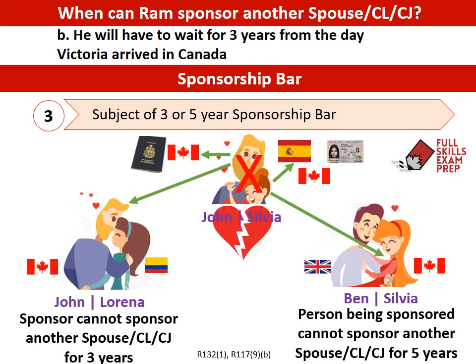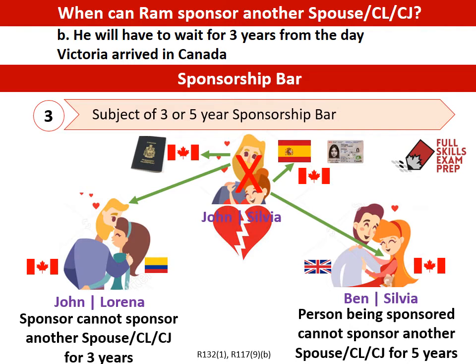Now, as we saw, he certainly has to wait for 3 years from the day Victoria arrived in Canada because of this sponsorship bar. So he's the Canadian citizen, who sponsored Victoria, who's a foreign national. And now they divorced, of course, but he would have to wait 3 years.